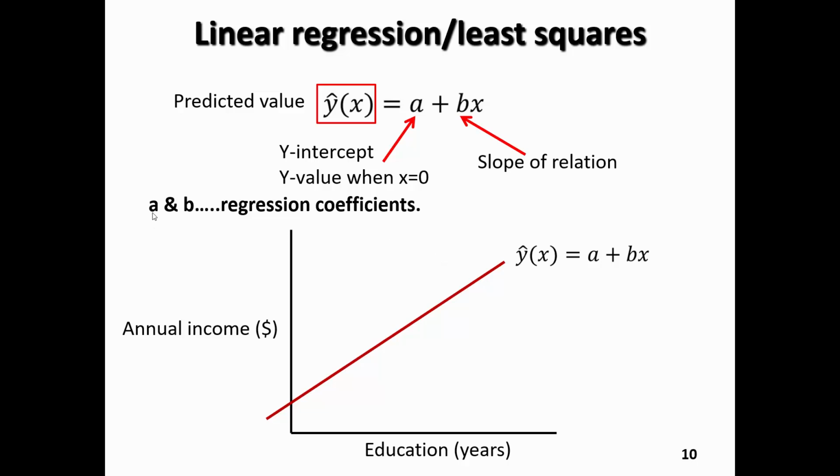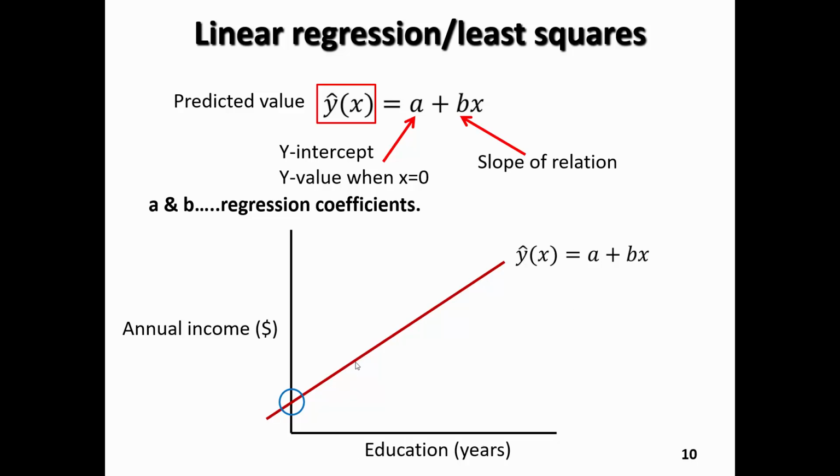And so we call A and B regression coefficients, and in a computer software outcome, they will be labeled as such. So here we have our regression line, and the standard linear regression approach assumes the relationship is linear. So the equations are designed on the idea that it is a straight line relationship between the two variables.